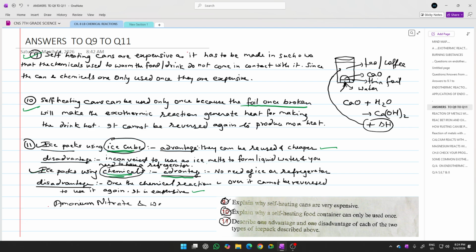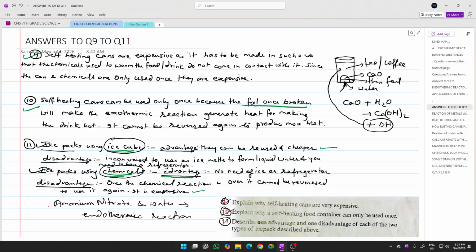These two chemicals are kept in two different compartments, separated by a thin foil. When the foil is broken, the two will combine. Ammonium nitrate and water will combine and react, and this reaction between ammonium nitrate and water is an endothermic reaction.